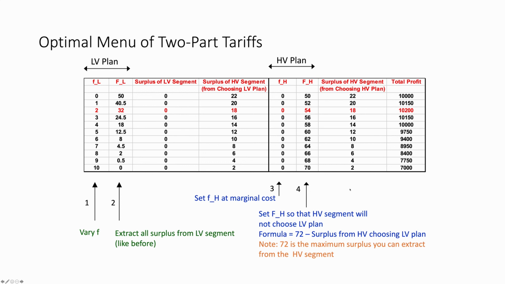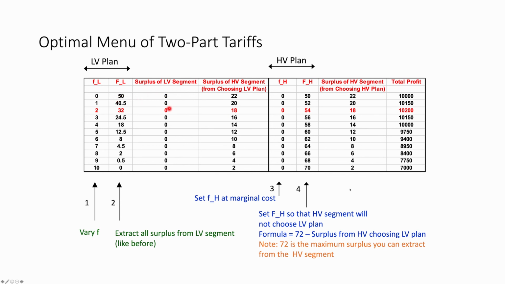So the formula here is to use 72 minus the surplus from the high value customer choosing the low value plan. For example, let's look at the first case. We set the small f for low value plan to be 0 and charge a fixed fee of $50.